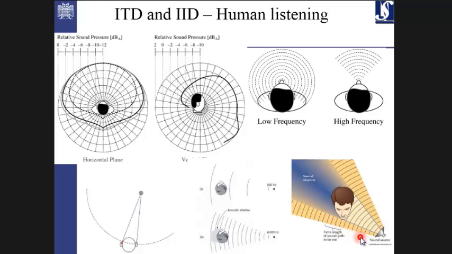And what really happens is that for the higher frequencies, a kind of shadow happens on the other side of the skull. For the lower frequencies that rarely happens, or at least there is a threshold for that. So these are all the problems that occur in the case of human listening.